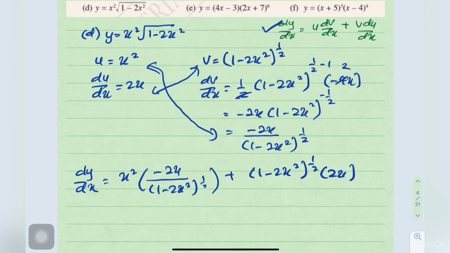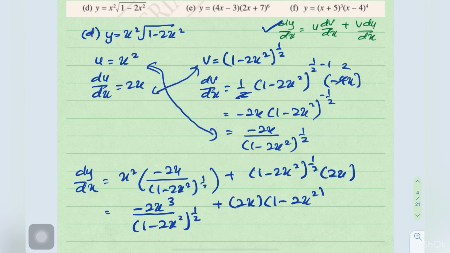Okay, we simplify, we get negative 2x cubed over (1 minus 2x squared) to the power of 1/2 plus 2x(1 minus 2x squared) to the power of 1/2.